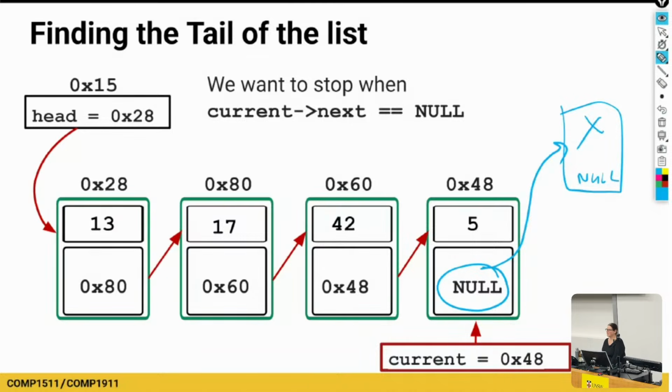How do we access that in our code in this scenario? So if current's pointing here, this is current arrow data, current arrow next. We'd want current arrow next to just have the address of this new node, because that would be then linking it up.